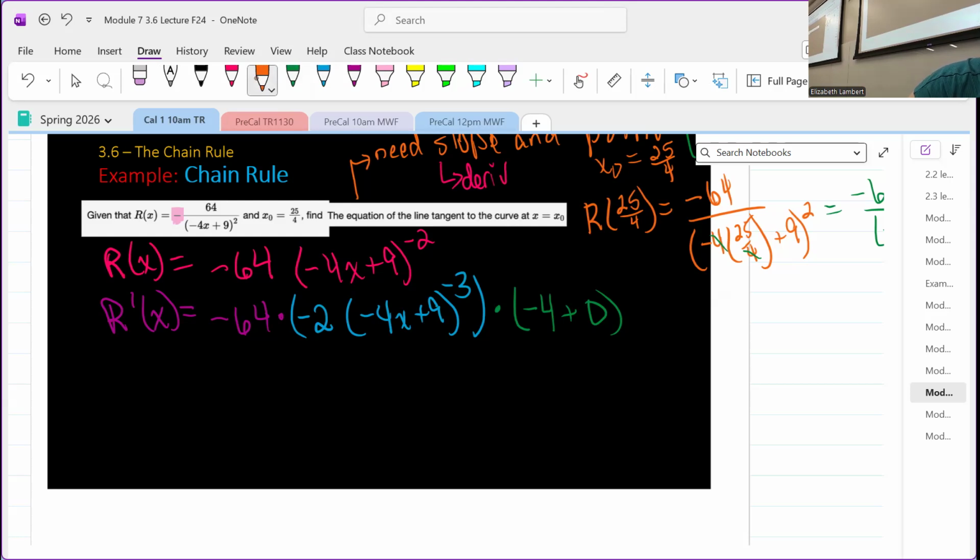So I have my derivative formula. I need to know what's the slope of the tangent line at the x value 25/4. So I'm going to substitute in 25/4 for x. Now I'm going to do a little bit of cleanup. So the negative 64 times negative 2 is positive 128. And then times negative 4 is going to be negative 512.